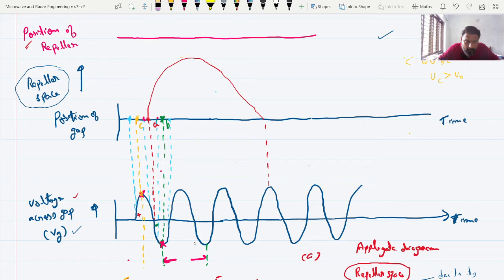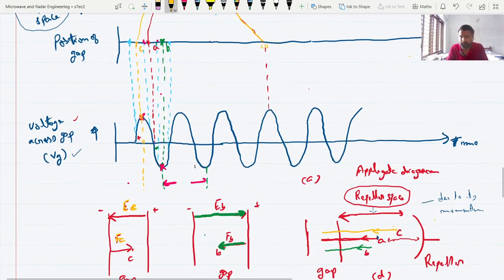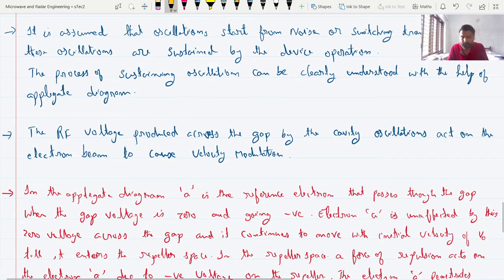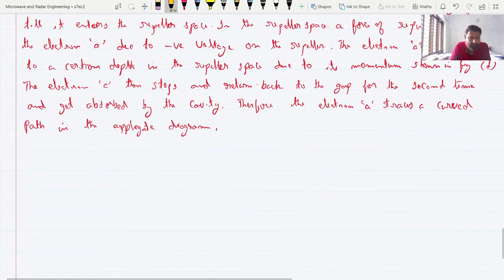Slowly it will bunch with that electron. So here it is A, C. Bunch with the electron. So that I will write here, I think with the same color.